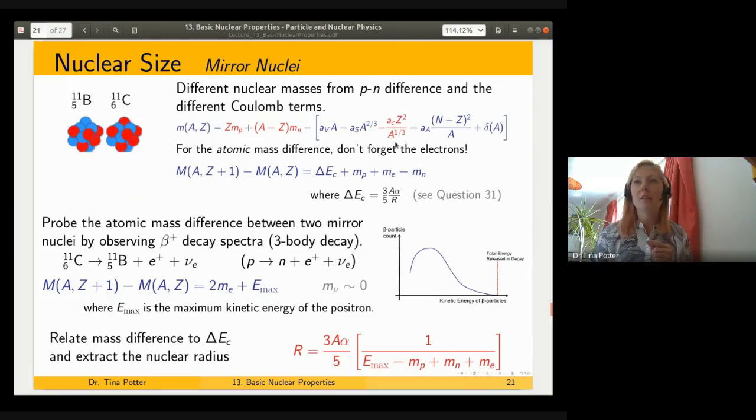That depends on 1 over the cube root of the number of nucleons, which is proportional to the radius. So we can measure this positron maximum energy, relate that to your proton, neutron, and electron masses, and find the radius of these nuclei. And you've got a question about this, question 31, in your problem sheet to have a look at.